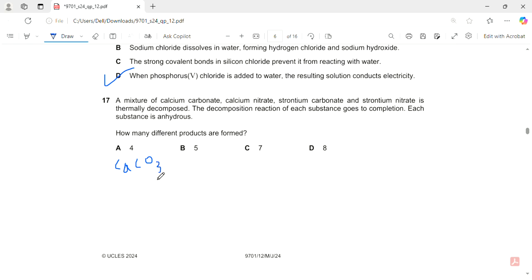It must give calcium oxide and carbon dioxide because it is a carbonate. So what about calcium nitrate?